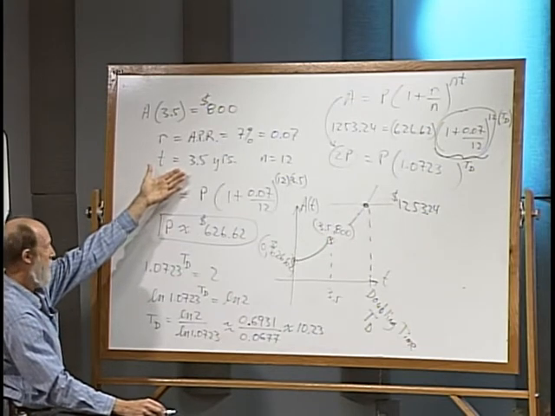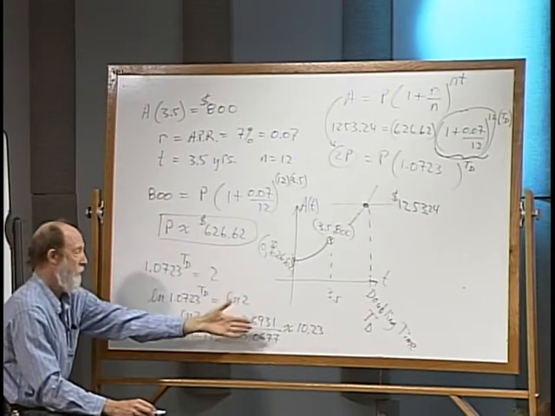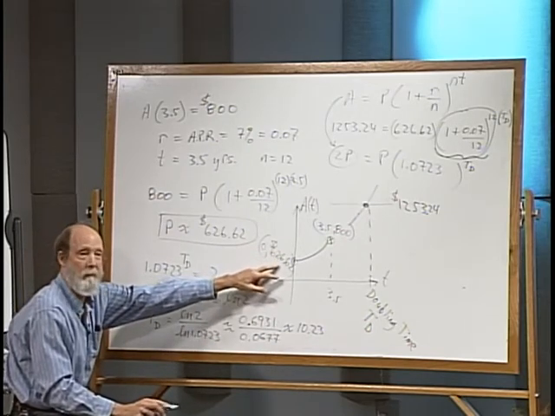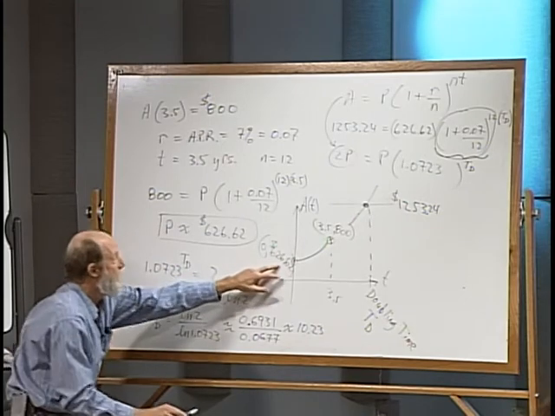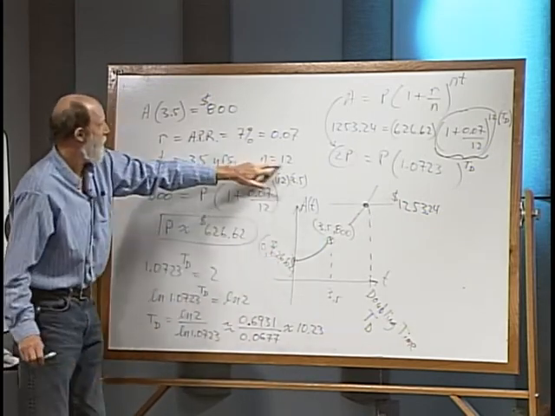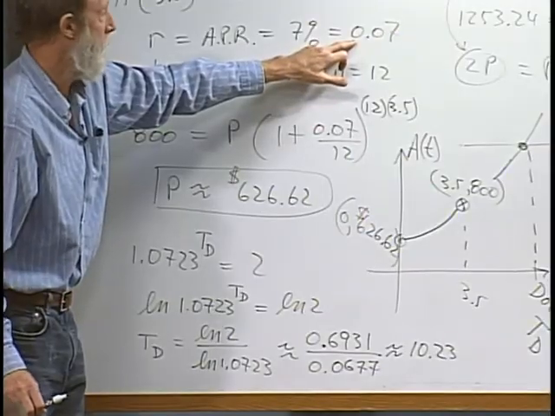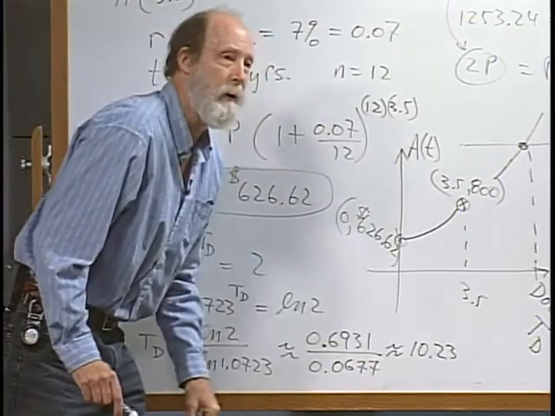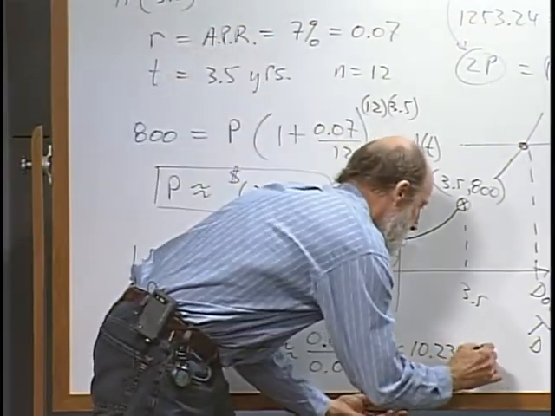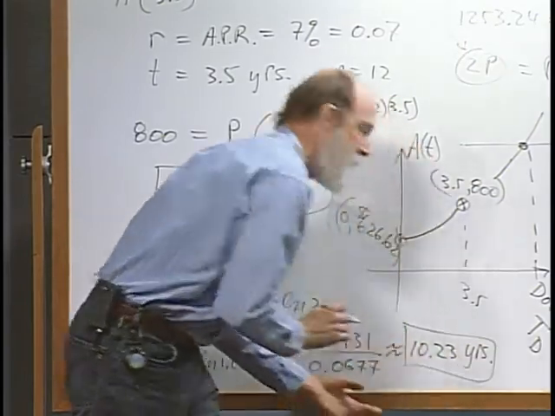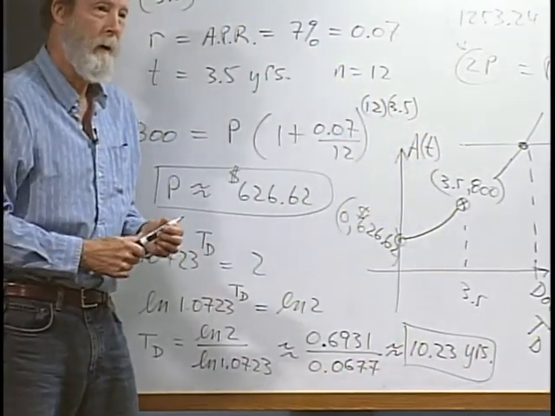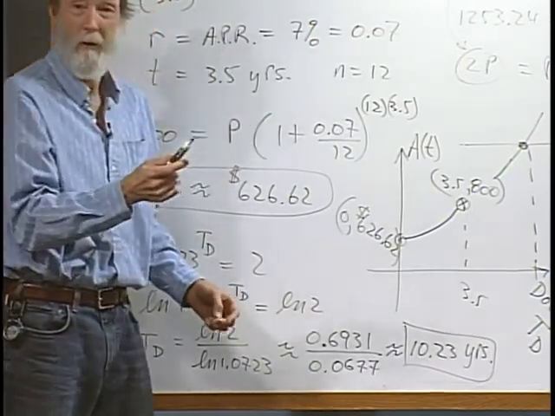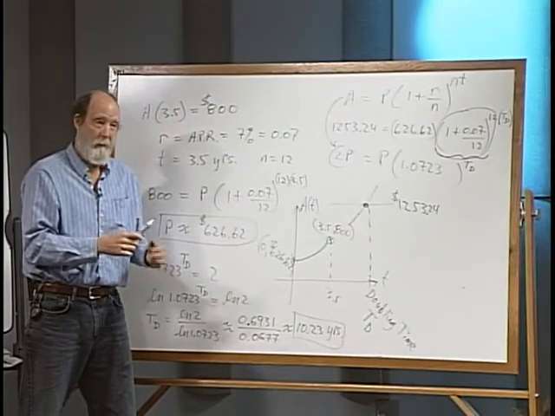The modeling in time is in years, so this indicates that the investment, this initial $626 investment, or any investment compounded monthly at 7% annual percentage rate, any investment will double in 10.23 years.